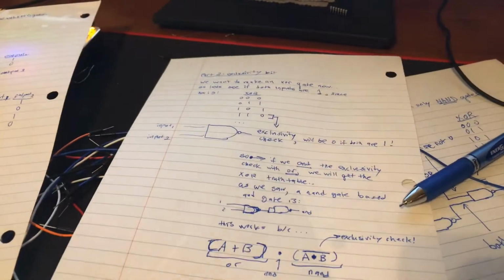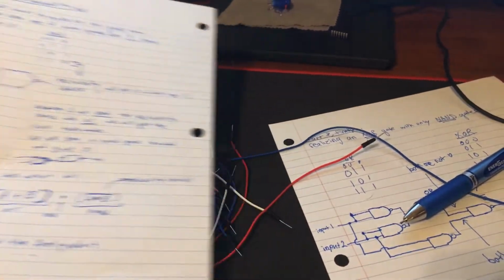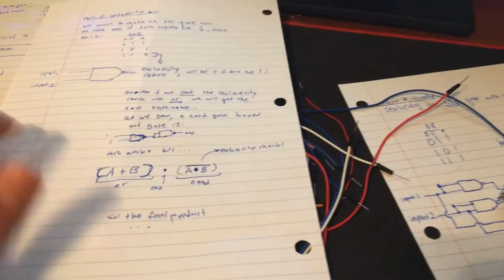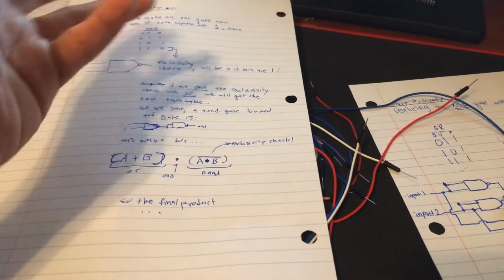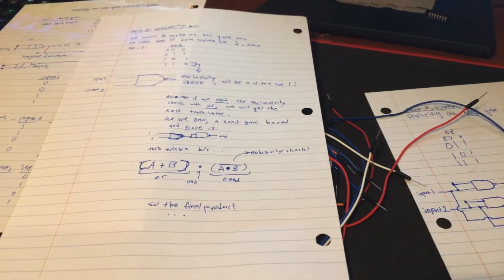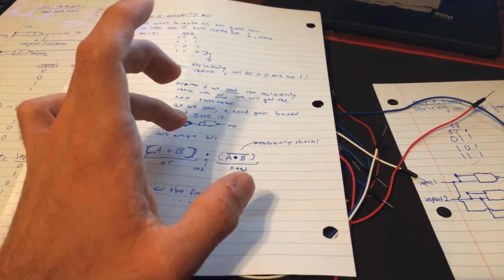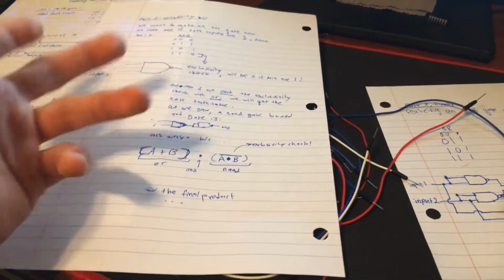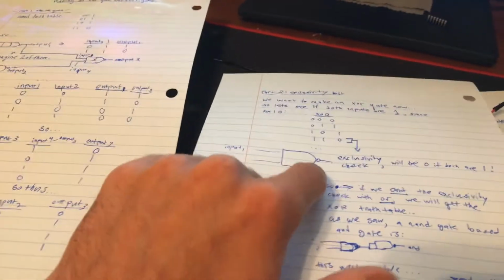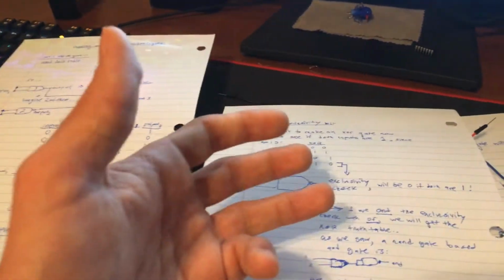When you do that part, you can move on to the last part, which is taking that output and ANDing it. As I just said in the last part, this output would go to a NAND gate, and then the actual OR gate's output, which is this, would be NANDed with this exclusivity bit, and then you'd want to NOT that so you could AND them together.